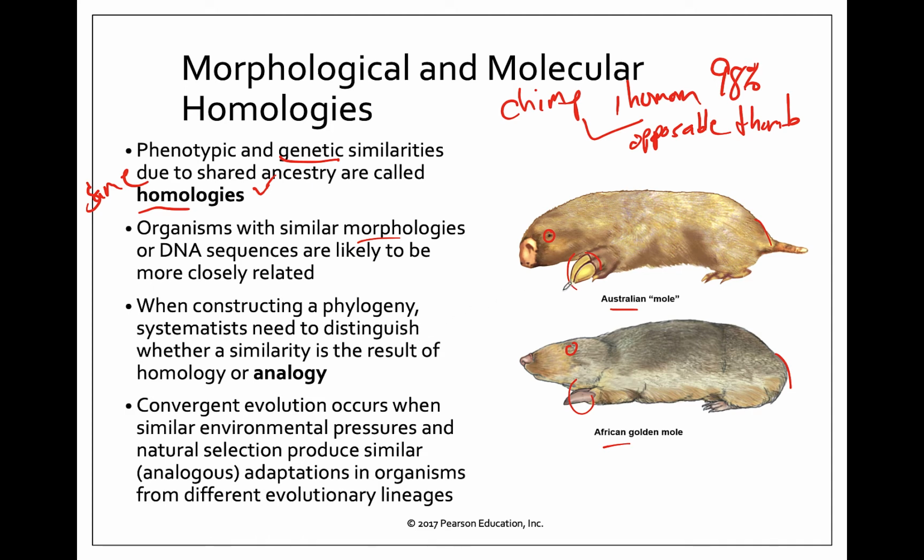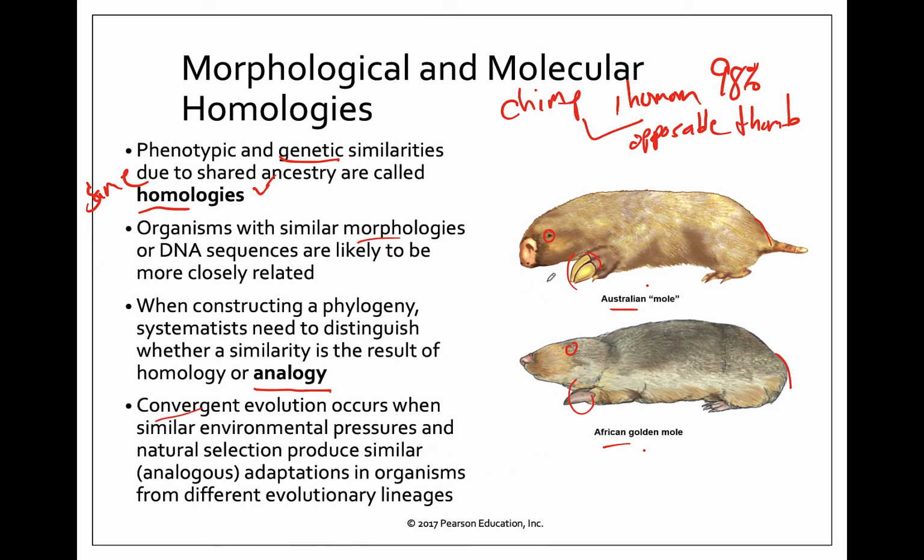But if you looked at the genetic similarities and some of the different traits, like the fact that this is a marsupial and this is going to use a placenta, these actually aren't very closely related. So these are called analogous. They happen from something called convergent evolution.